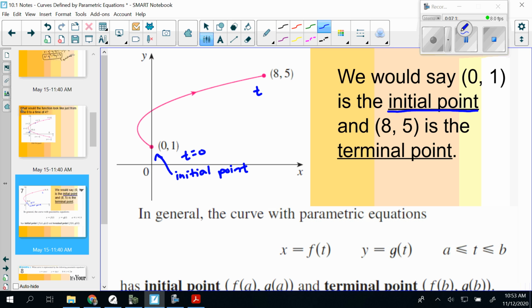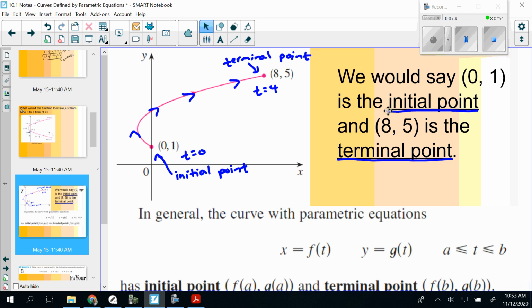And then up here at t of 4, we get to (8, 5). That point is referred to as our terminal point. And terminal means like end, where something terminates is where it ends. So your starting value is your initial point. The ending one is your terminal point. And again, it has a direction to it. It's starting here and moving towards our terminal point. So when asked to find those things, that's what we're looking for.